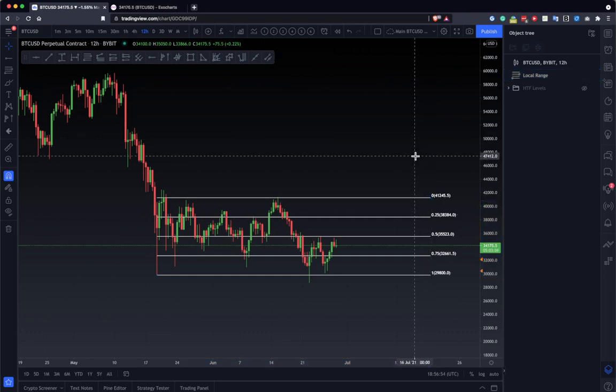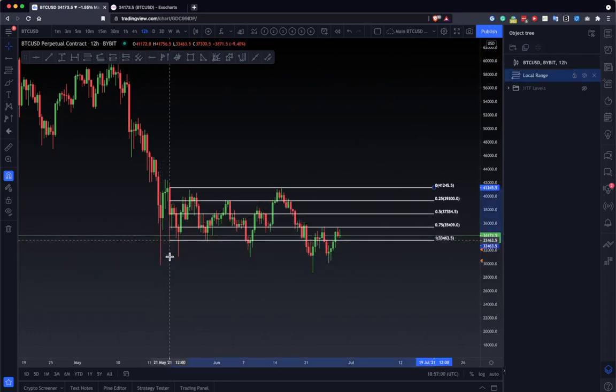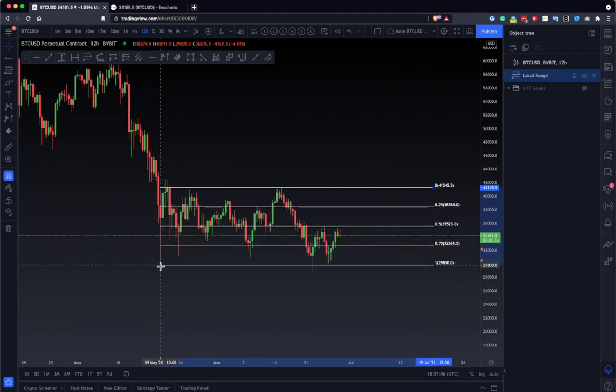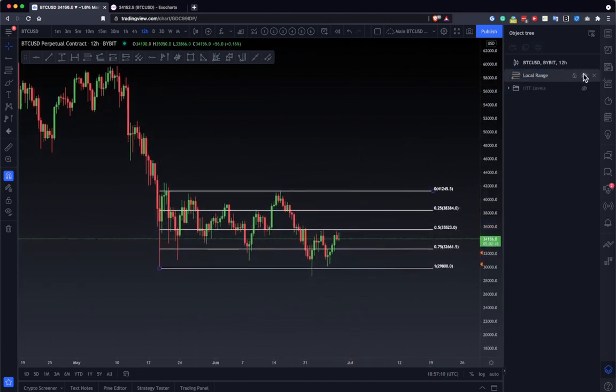I will keep it like that. Yeah, it's a range. You can experiment and see how it works, but it's pretty okay for me. I understand how it's going on.